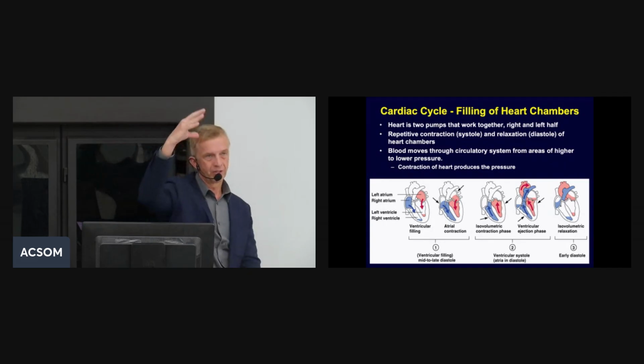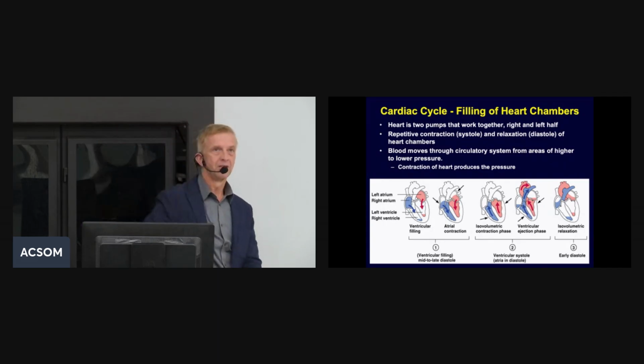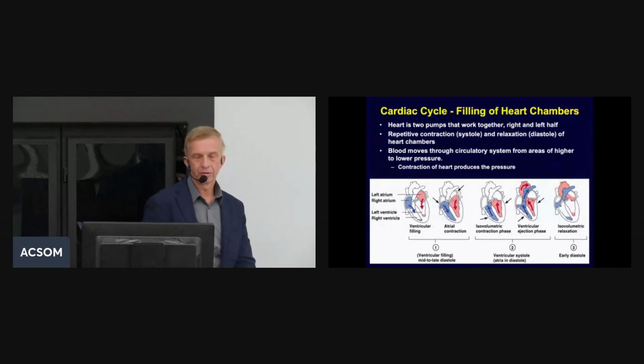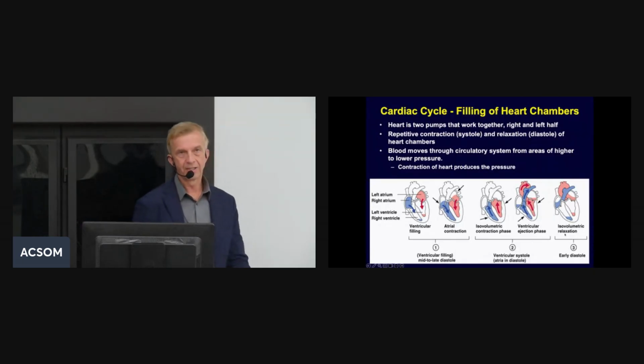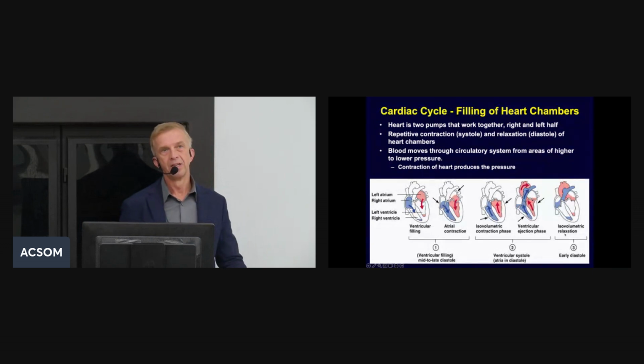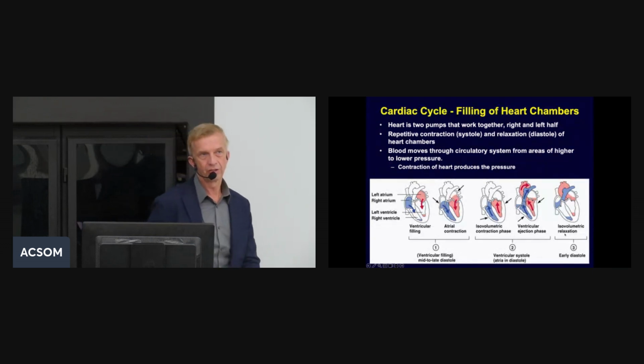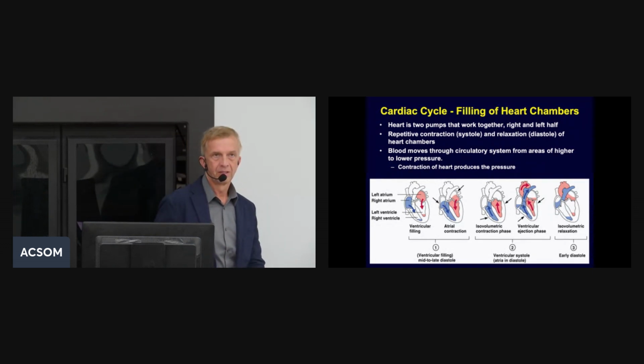So there is a higher pressure in the aorta and the pulmonary vein, so it causes closure of the aortic and pulmonic valve. And that's the last phase, which is called what? Isovolumic relaxation, right? So the volume doesn't change and the valves are closed.